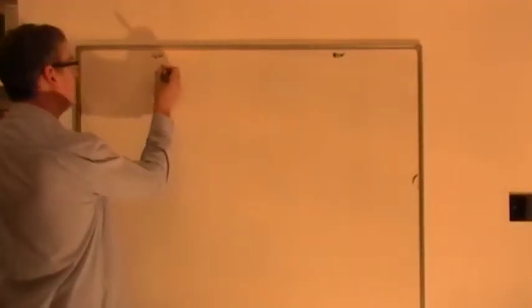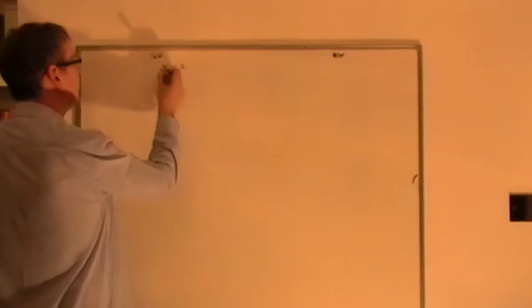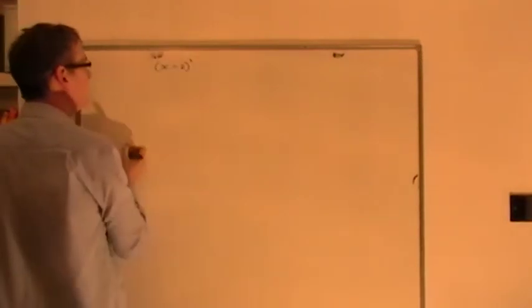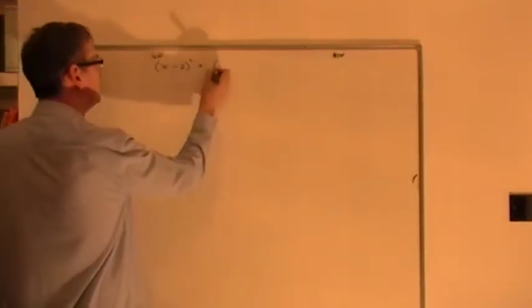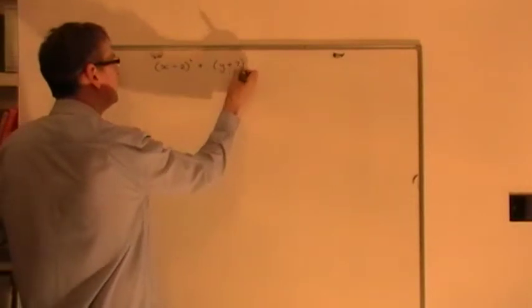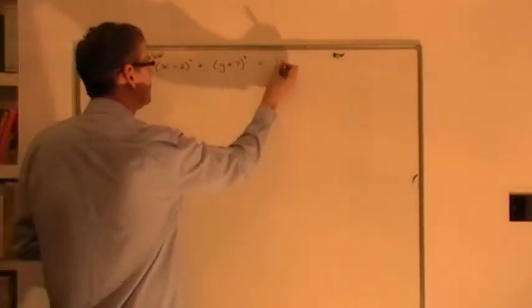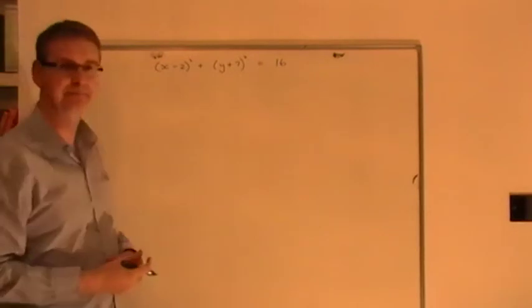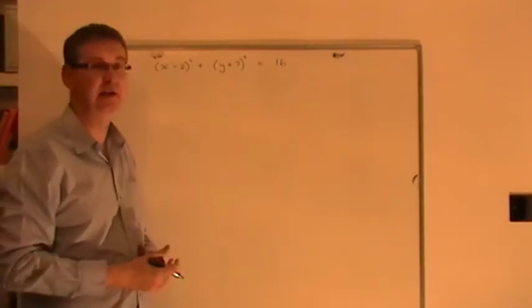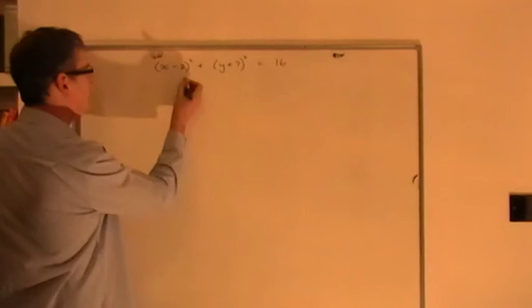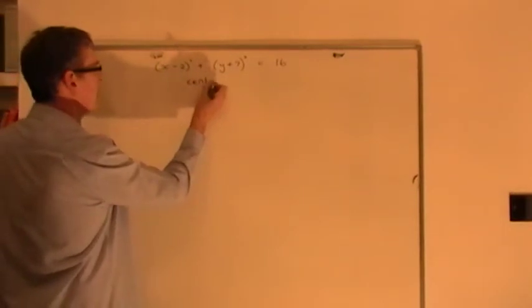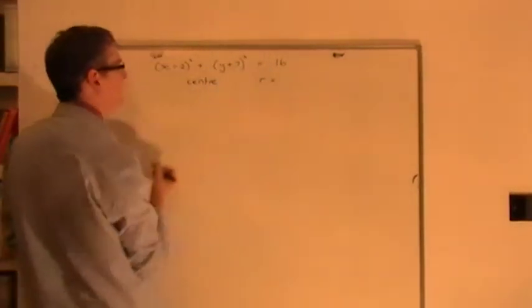Okay, so first of all, let's say I give you an equation of a circle which reads (x minus 2) squared plus (y plus 7) squared is equal to 16. I know, looking at that equation straight away, what the centre and the radius are.